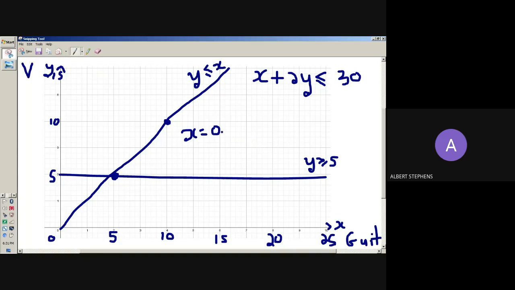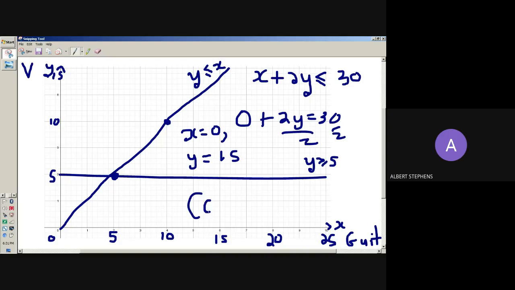So when x is equal to 0, I have 0 plus 2y equals 30. We divide everything by 2. So y is equal to what? 2 into 30 goes 15. So my first point is 0, 15.